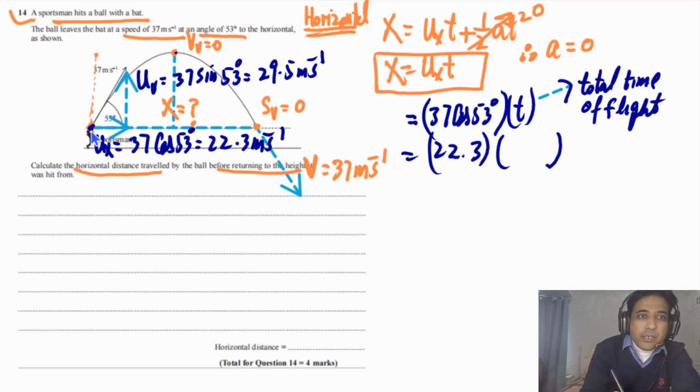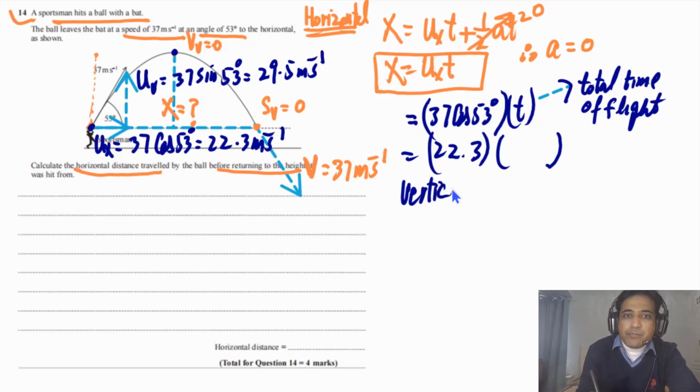First we can calculate the time taken from this point to this point. So we need to consider vertical motion. When you need to calculate time, most of the time you have to consider vertical motion. For vertical motion, we can write down v is equal to u plus a t.